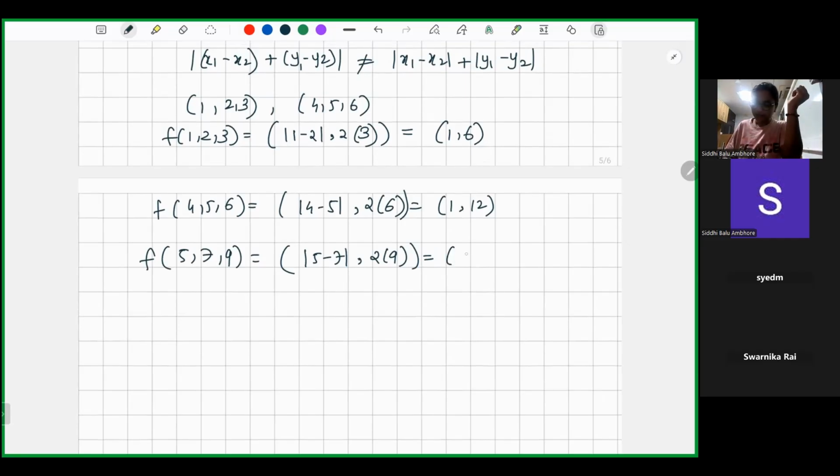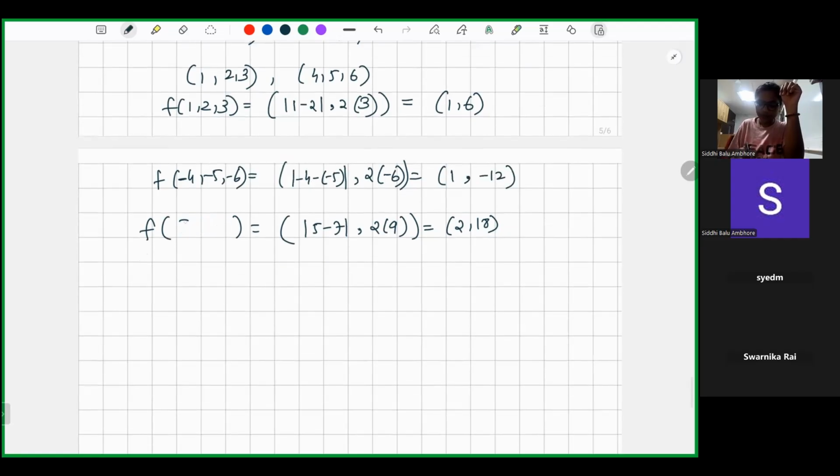Did we choose wrong numbers here? Subtraction. Let us take minus, maybe that would help. Take minus 4, minus 5 and minus 6. Then it will be mod of minus 4 minus minus 5, and minus 6, so this will be again 1, comma minus 12.